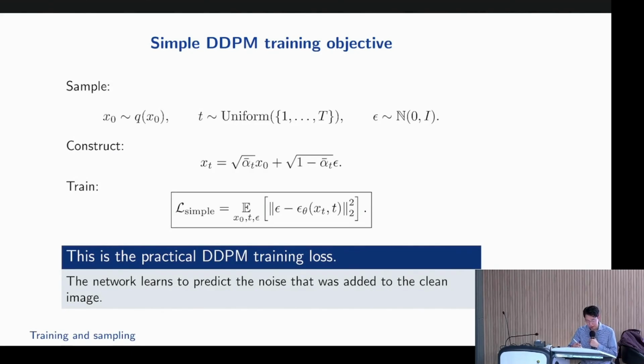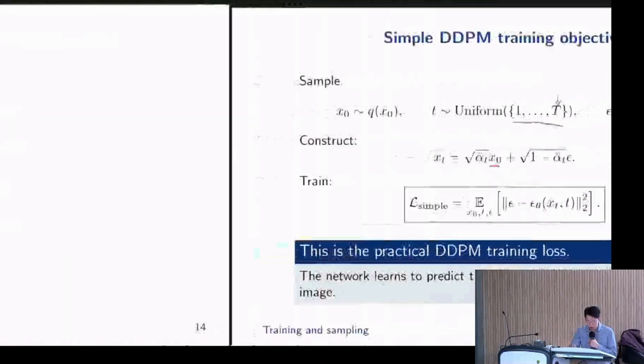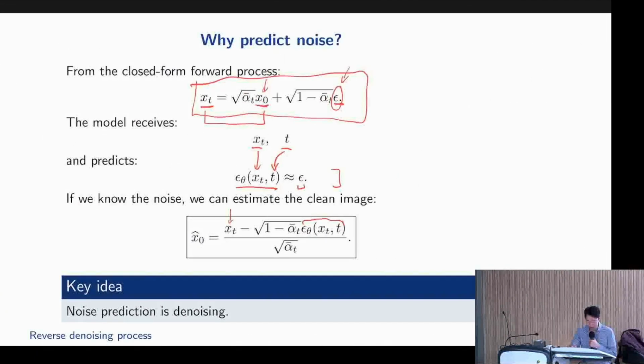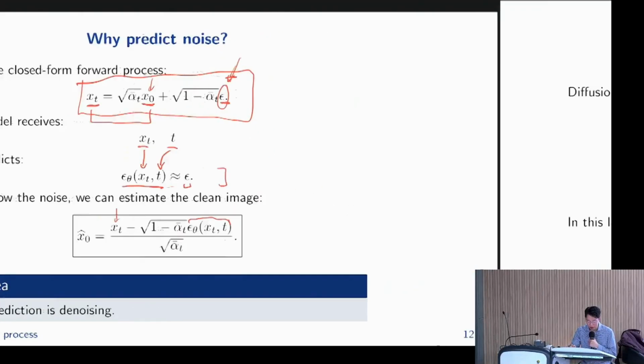And you need to sample the index t from predefined t, capital T. This is on the order of a couple thousands. And epsilon, that's just standard normal noise. And starting from clean image, you use the formula here for the noising steps to generate t-step noised image xt.